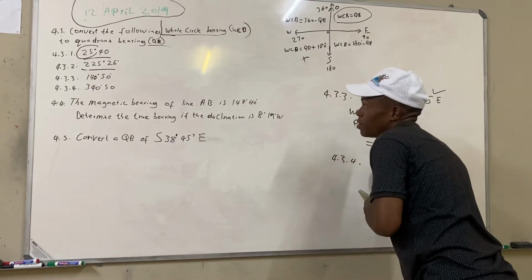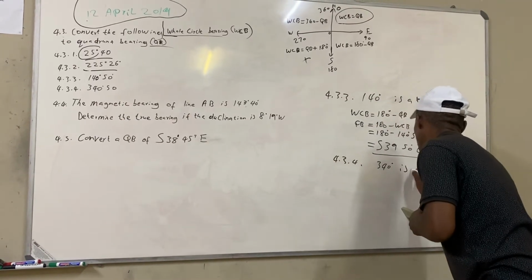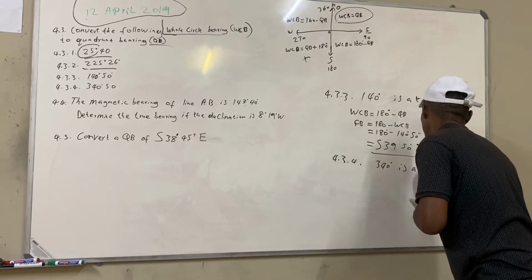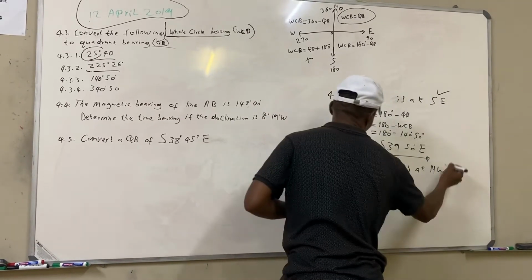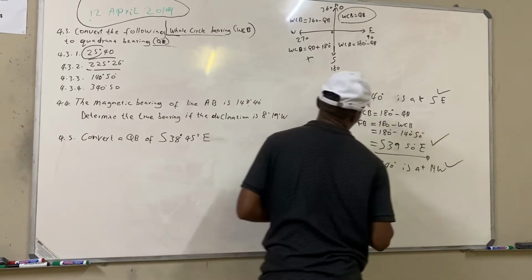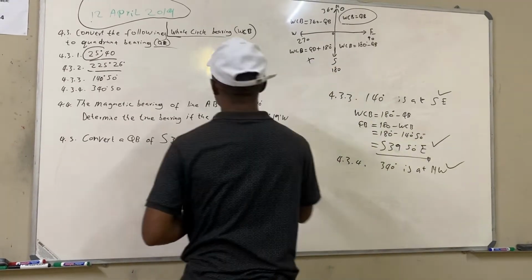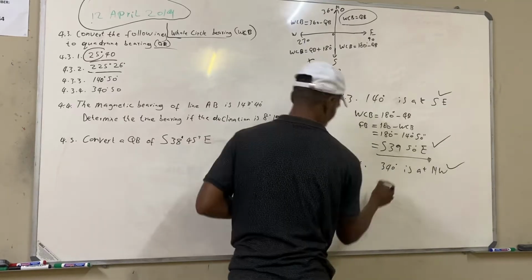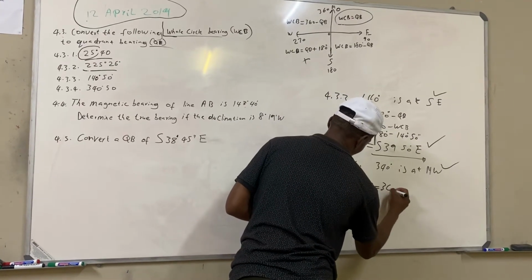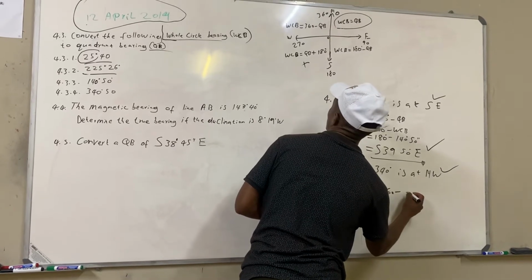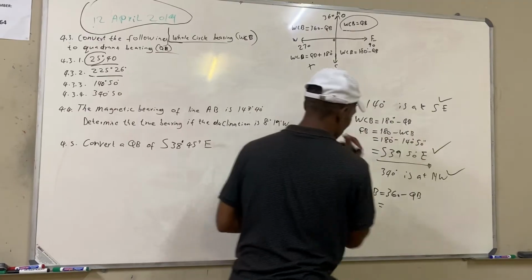So 340 is at northwest. This is the direction, 1 mark. Then 2 marks for the simple answers. So you correct the formula the way it is: the whole circle bearing is equal to 360 subtract the quadrant bearing. So it's going to be what?